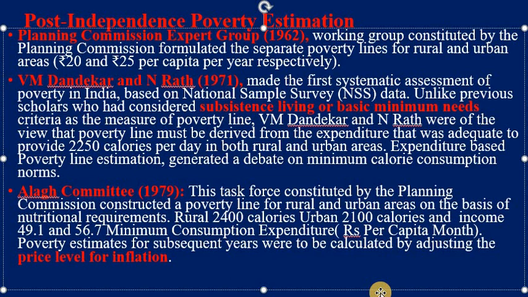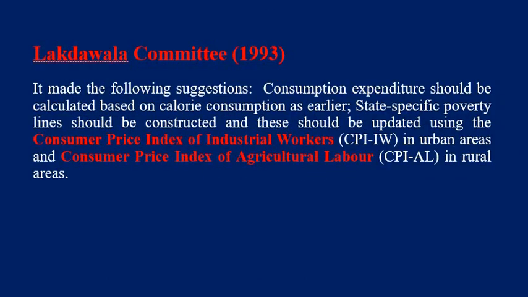Later on, they also started estimating poverty by adjusting the price level for inflation. What is the current inflation for that particular year and what is the price level? Based on that adjustment, they try to estimate the income level. So these are a few more. That is the Lakdawala Committee in 1993.